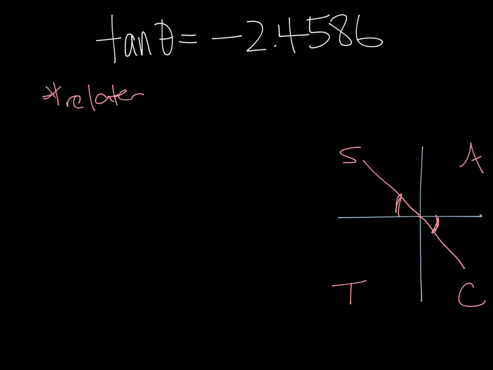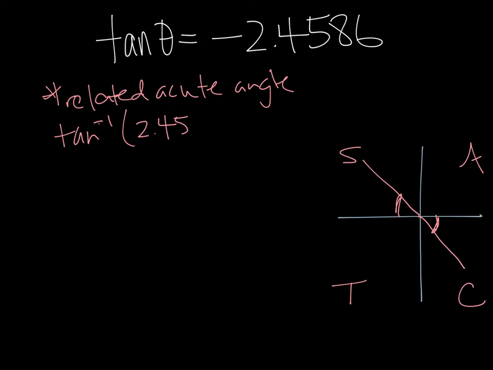To get the related acute angle, I'm going to put in my calculator tan inverse, and I'm going to use that number without the negative, 2.4586. When I do that, I get a reference angle of, let's call it beta, of 68 degrees. That means that each of these small angles are 68 degrees.